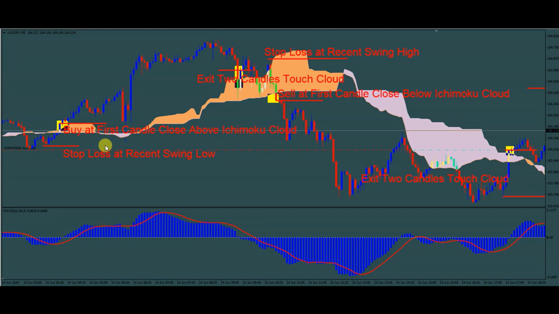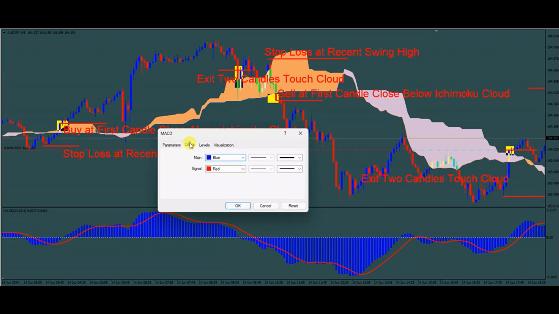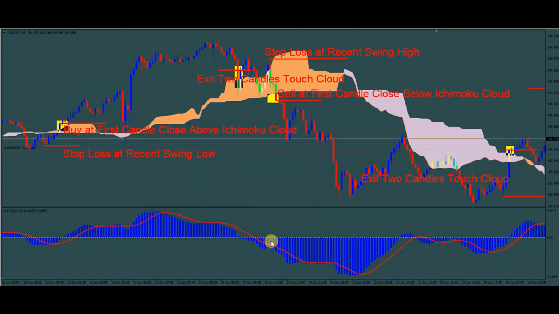With the MACD settings, because maybe some people might not be familiar with this, as you can see, the MACD settings are 12, 26, and 9. We are applying it to close.